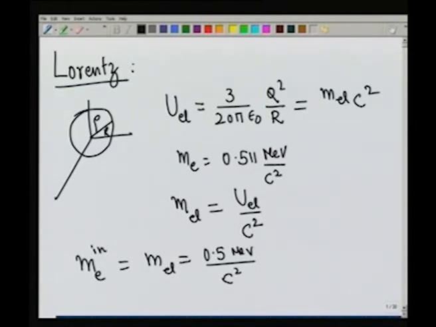Therefore, the only free parameter is the radius of the electron. R is the free parameter in the U electrostatic, and that gets fixed by identifying my M electrostatic with the M inertial. So, this is indeed what Lorentz did.